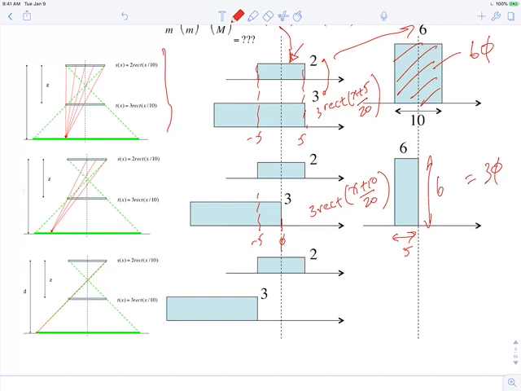So that's good because that's what we matched. So the first was at x equals minus 5, this is at x equals minus 10, and now we're at x equals minus 15. And so here we have 3 rect x plus 15 over 20, and there's basically no area of overlap.